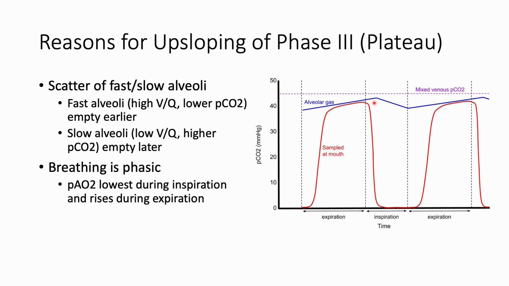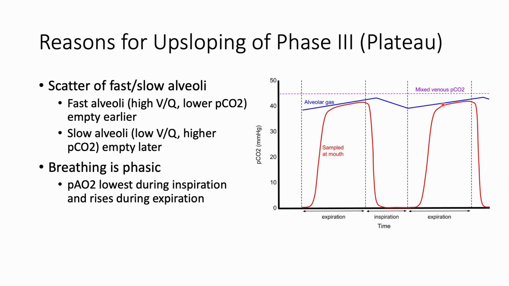On inspiration, the fresh gas which contains no CO2 is delivered down to the alveolus, and hence it will dilute the CO2 concentration in the alveolus. So by the end of inspiration, the alveolar PCO2 is at its lowest value. During expiration, because there is a partial pressure gradient between the mixed venous PCO2 and the alveolar PCO2, CO2 is constantly diffusing across the alveolar membrane and increasing the alveolar PCO2.